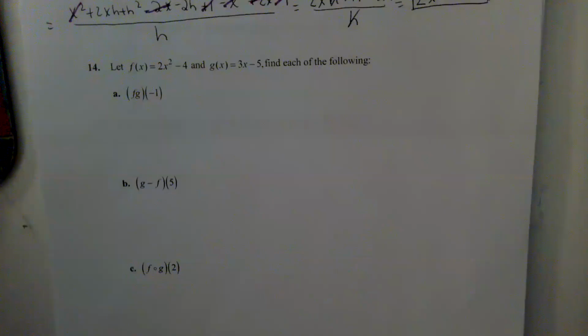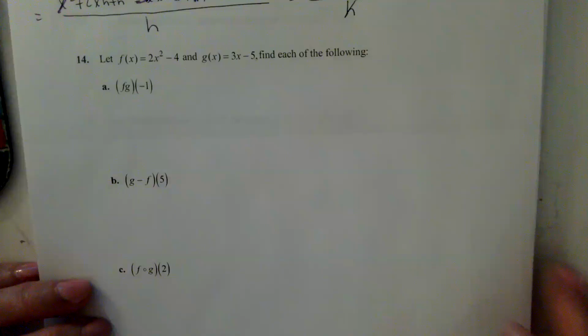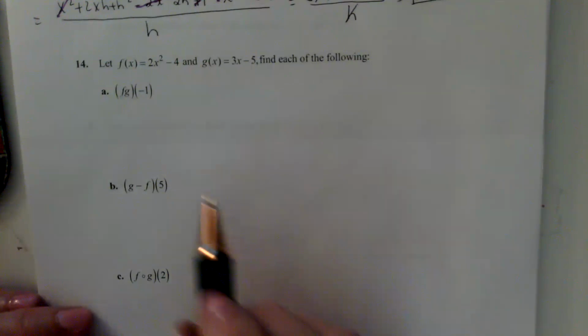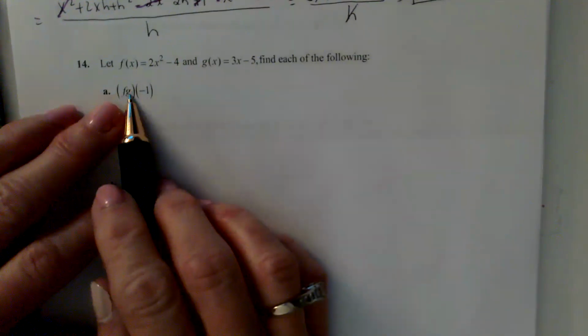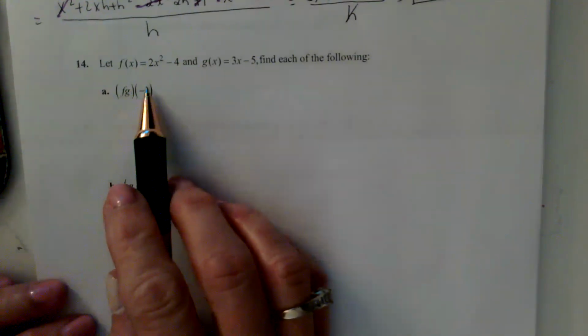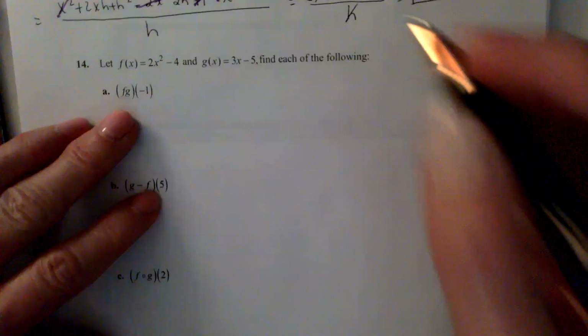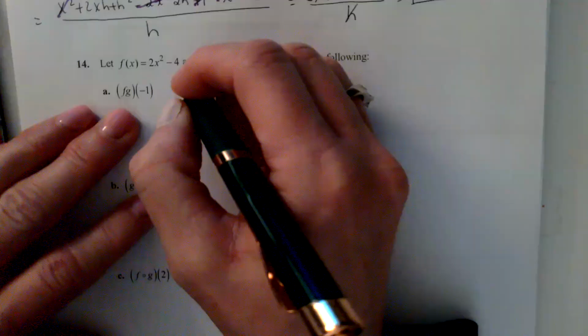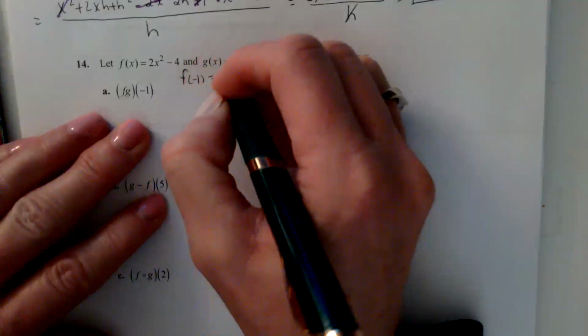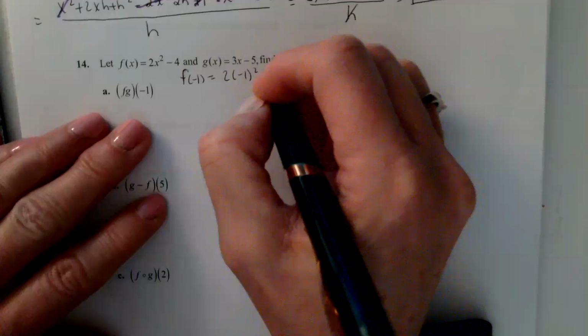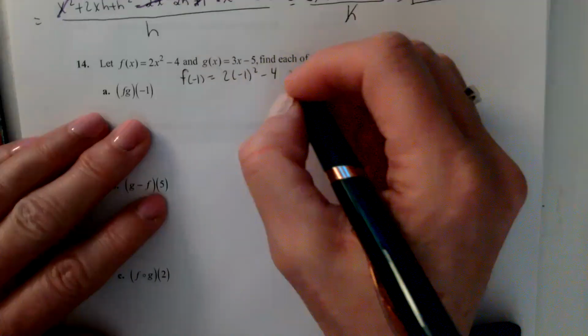Let's look at 14. 14 says we have the f function and the g function here. And we want to find the f and g multiplied, evaluated at -1. So I'm going to evaluate f at -1 first, because we remember we can do them in either order.